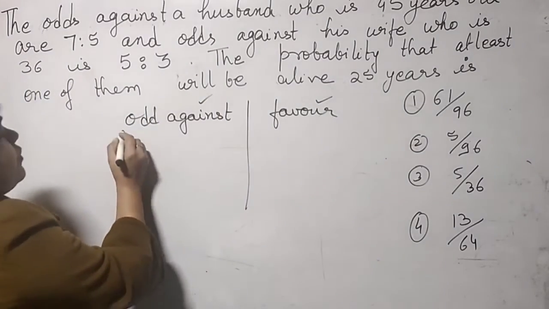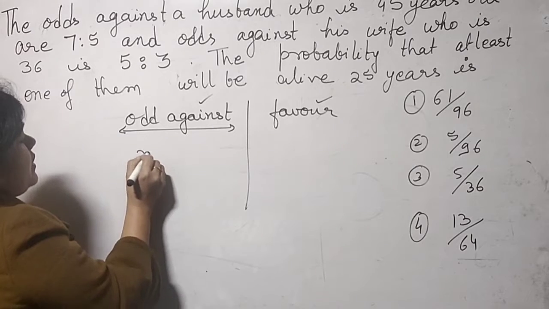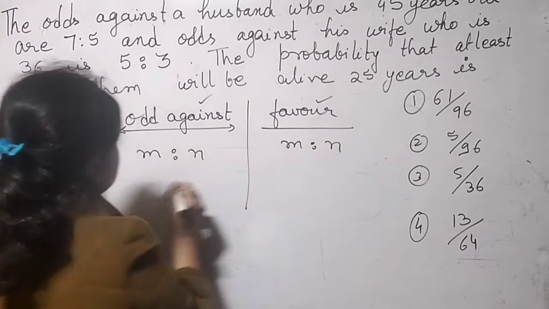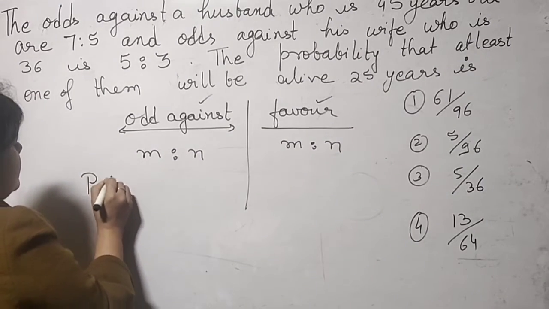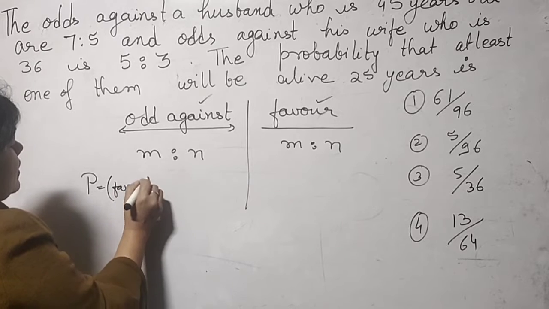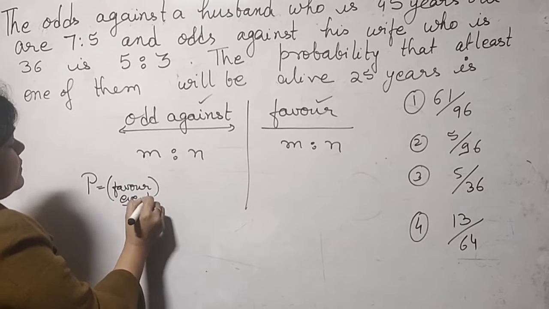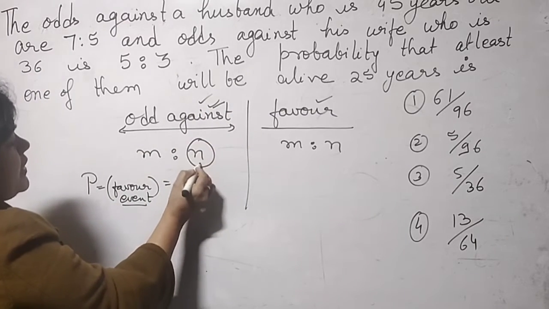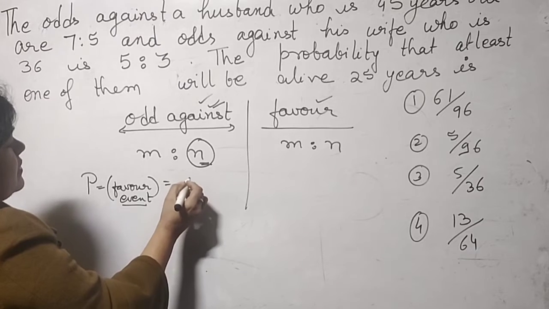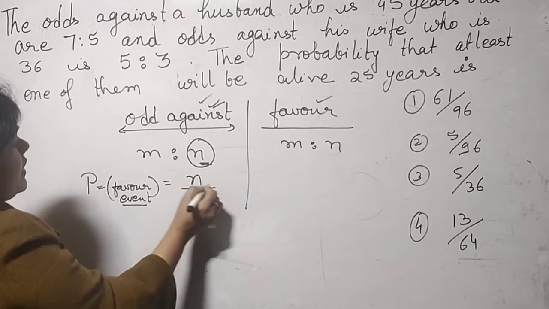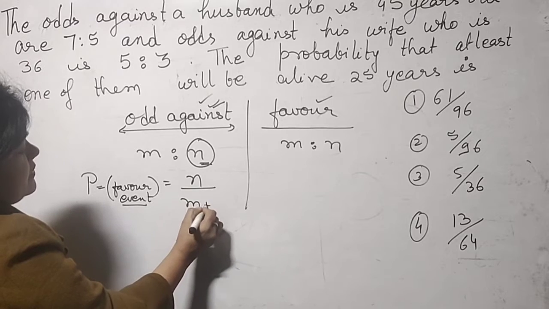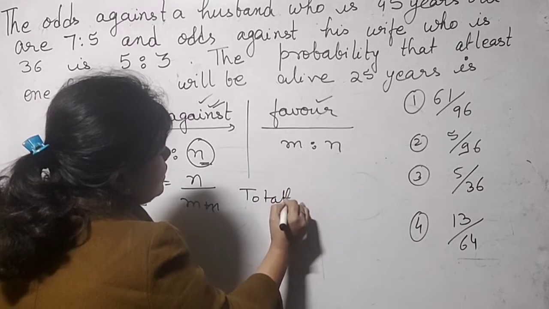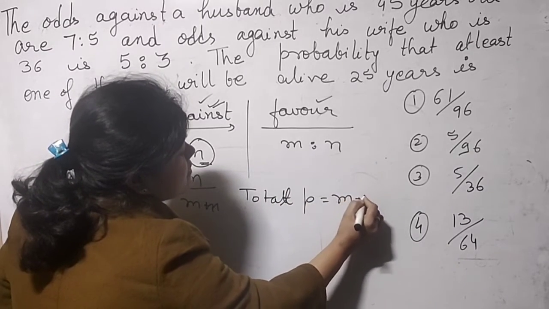For example, if odds against are given in this way, m is to n, then the probability of the event happening is n over the total probability, m plus n. That means the total probability we find is m plus n.